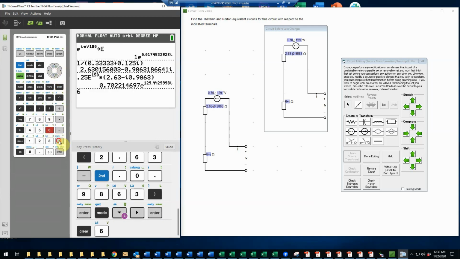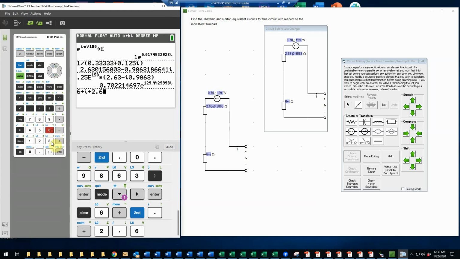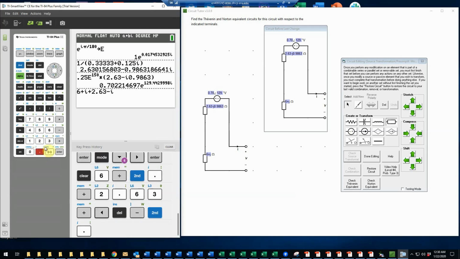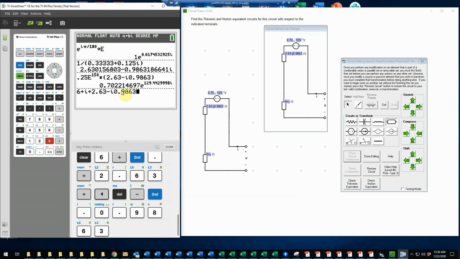So I'm going to go 6 plus j, which is I, plus 2.63, oops, not plus but minus, so it's minus I times 0.9863. Of course, it doesn't matter whether the I comes before or after because multiplication is commutative, so that's all fine.